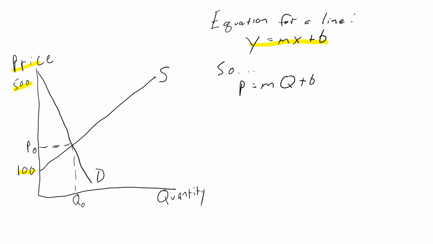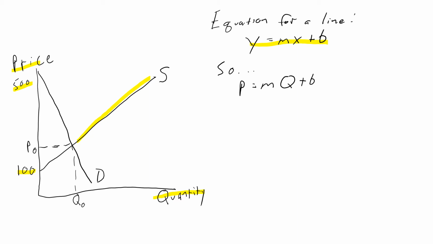X is going to be our variable on the horizontal axis, in this case quantity, and m is the slope of our line. So how quickly is price changing as quantity changes, our rise over our run variable.